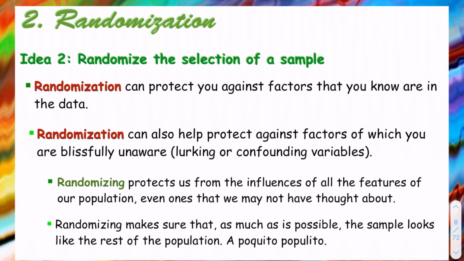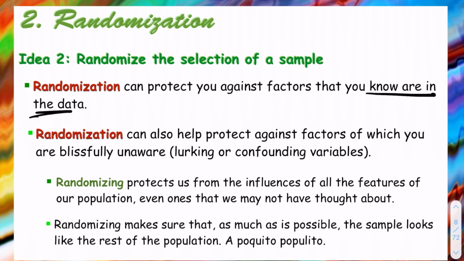Randomization can protect you against factors that you know are in the data. Randomization can also help protect against factors of which you are blissfully unaware. Think, those are your lurking or confounding variables that we talked about before. Randomization kind of puts them all in the mix and goes, even if I didn't know what was going to happen, we can account for those.